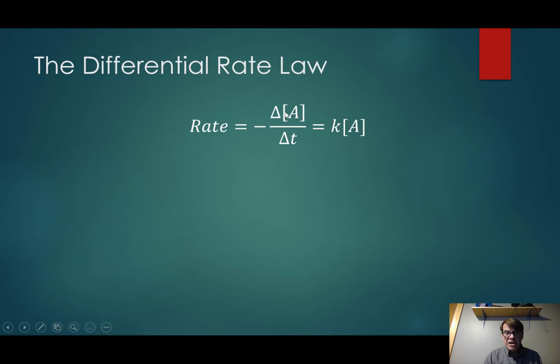So since this is negative, we put a negative in front of it to cancel it out. A negative of a negative is a positive. So by putting the negative in front, the rate ends up as a positive number, okay? So the rate equals the negative of the change in concentration of A per time, and it equals a constant for that particular temperature times the concentration of A. This is what we learned in the previous video on rate law.